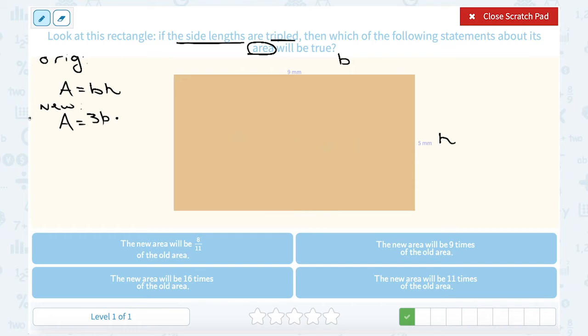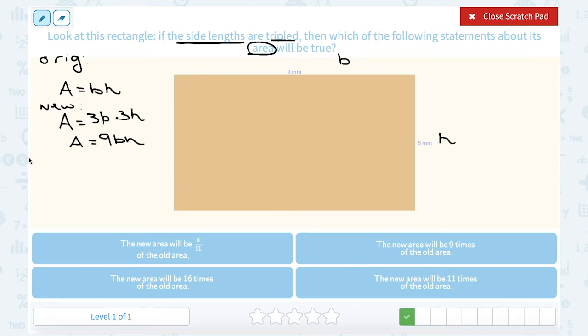And if we also triple the height, that's going to be 3 times the height. And notice you'd multiply these together. So 3 times 3 would give me 9. So it would be 9 times whatever the base and height are. So anytime you're tripling both sides of a rectangle, the area should be 9 times the old area.